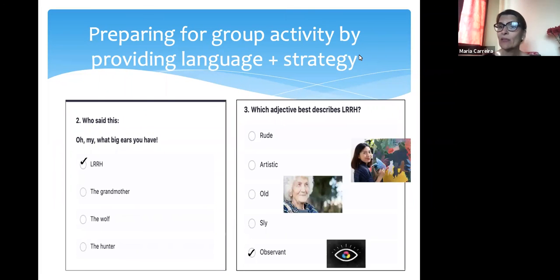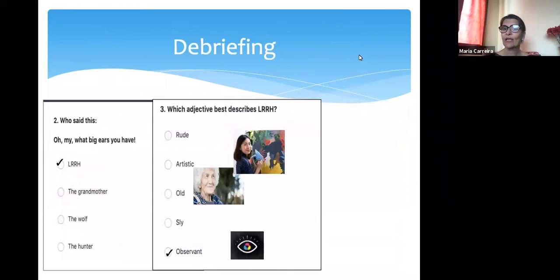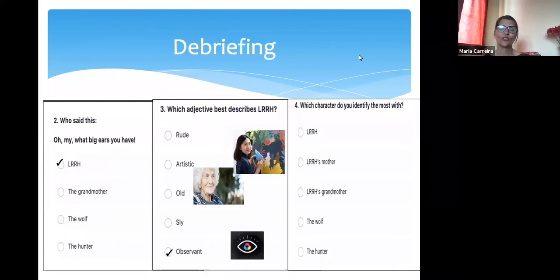Okay, so this might mean that you have to pre-teach these adjectives, or you might want to include a translation in the poll in English of what these adjectives are, or pictures, whatever is needed. Right? So students will take this poll and answer accordingly, including answering the third question.